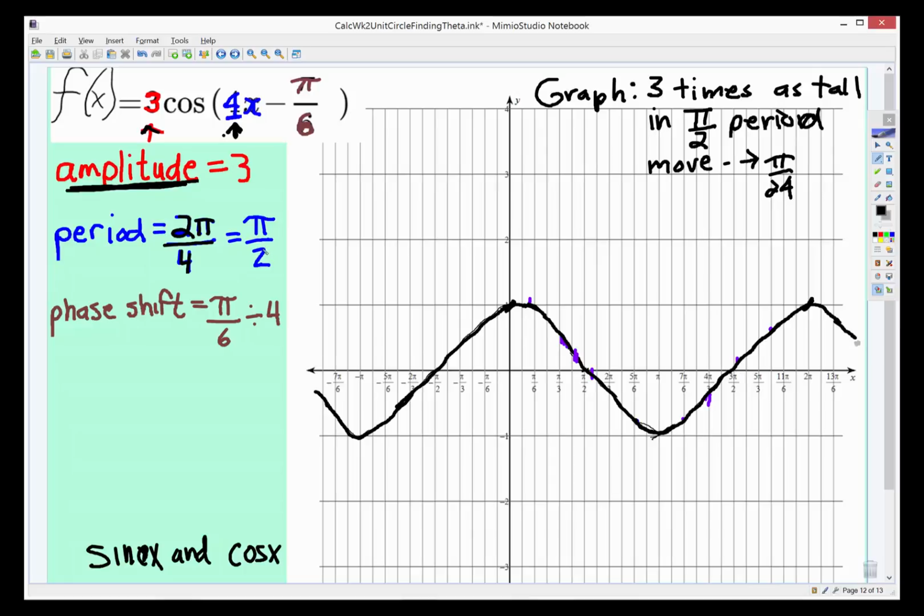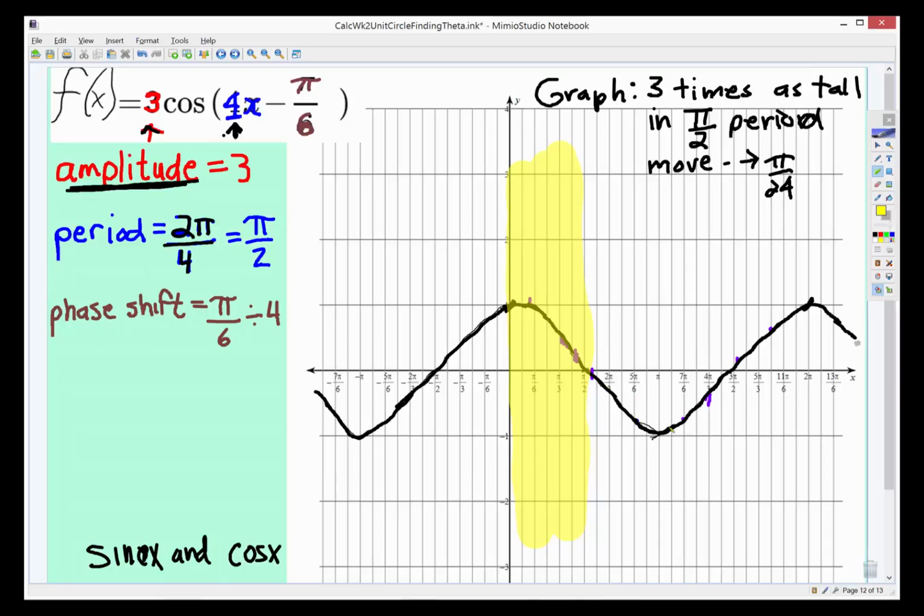So what that means is that the entire period now of this new graph will occur, so this whole thing right here will now occur in this distance.